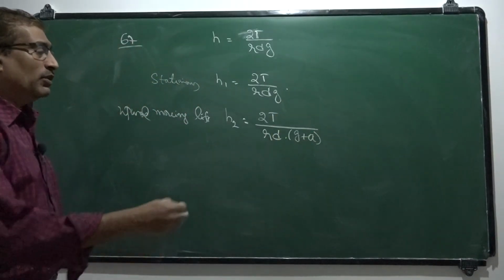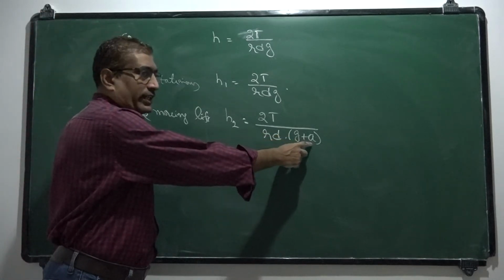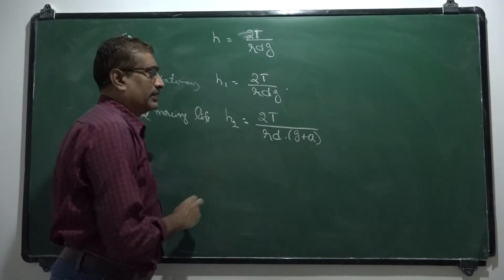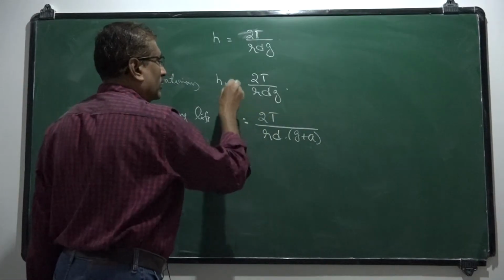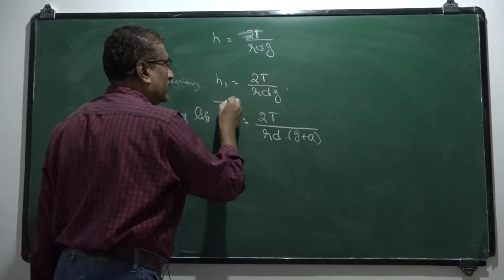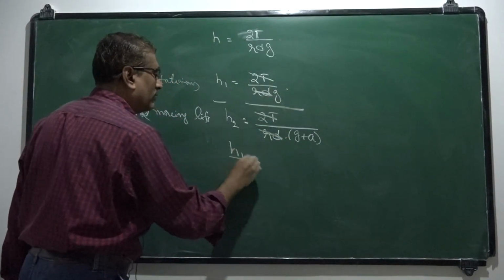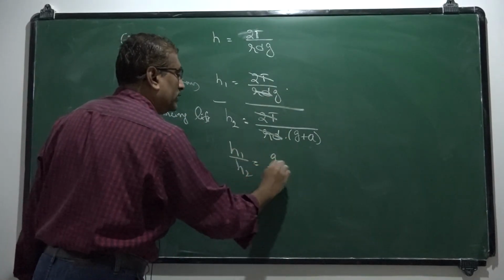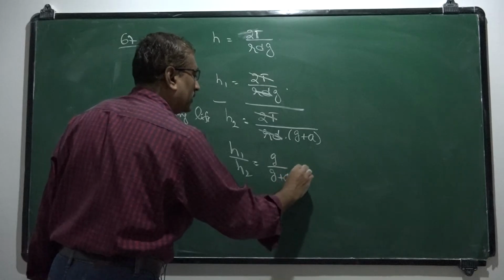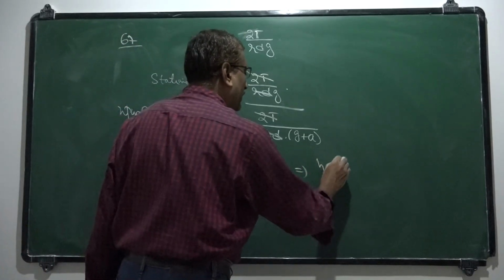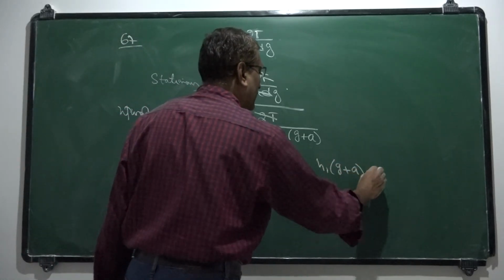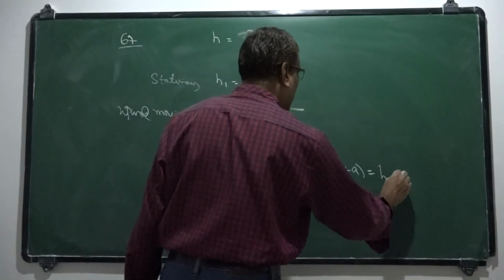If it moves with a uniform acceleration a, then we have to write like this. Now from these two, if you take h1 by h2, we can cancel out 2T and rdg also. So h1 by h2 is equal to g by g plus a. This implies h1 into (g plus a) is equal to h2 into g.